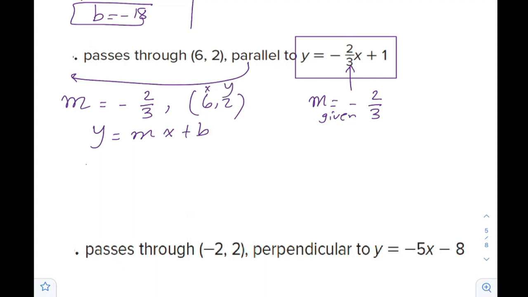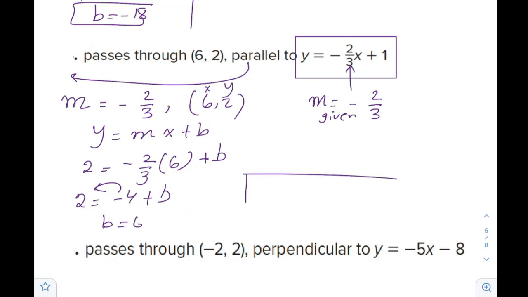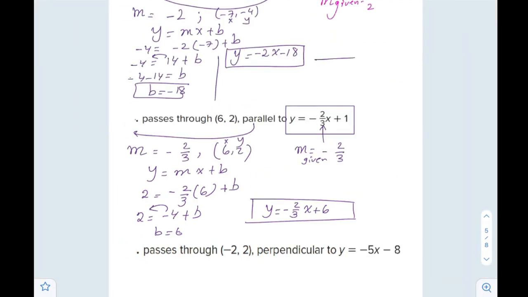I will replace. Taking the 4 over there, so b is 6. So my equation is y equals m, which is this one, x plus the b, which is 6. So this is the equation of the perpendicular line, and this is the equation of the parallel line.